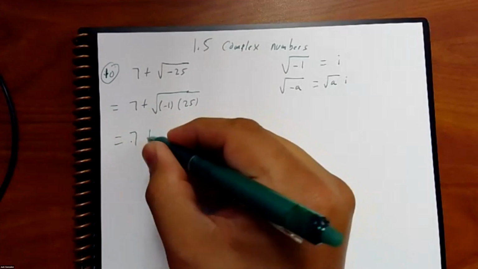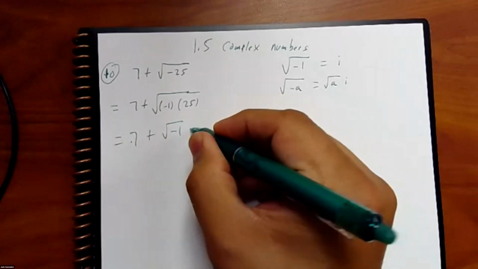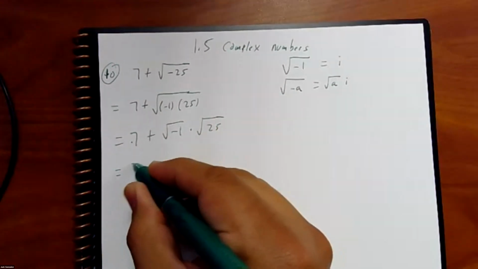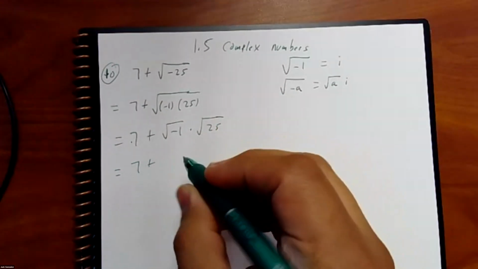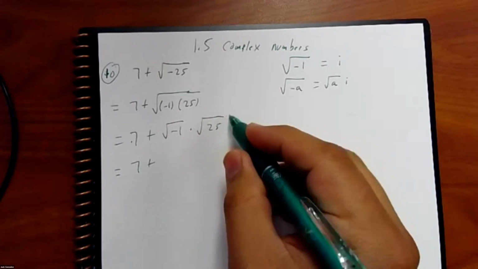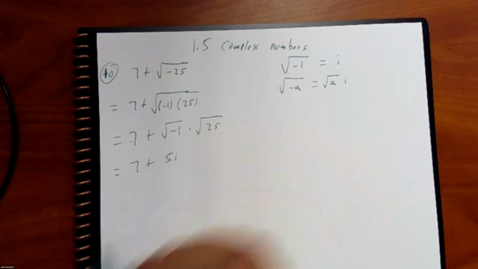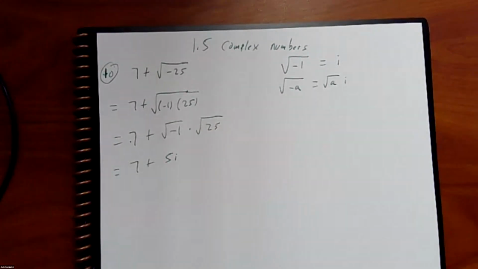So this would be -1 times 25. The square root of 25 is 5. The square root of -1 is i. So you get 5i. That makes sense? You always put the i at the end. You could put it in front, but it's weird.